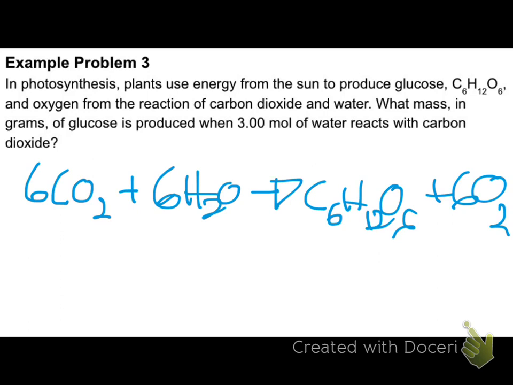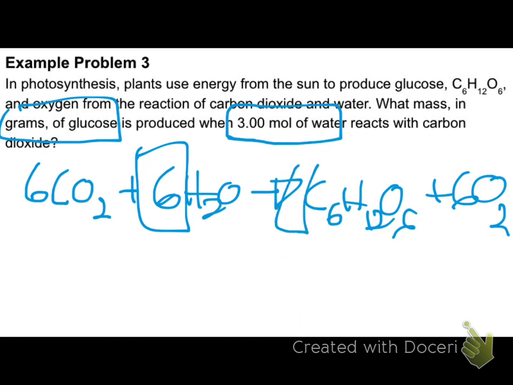Okay, and as Autumn helped us discover through her analysis of the sentence yesterday, we're going from moles of water to grams of glucose. So our mole ratio will be between water, which is 6, and glucose, which is not there because it is a 1, so the ratio is 6 to 1, okay?